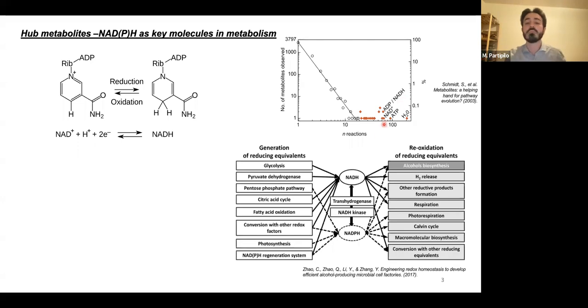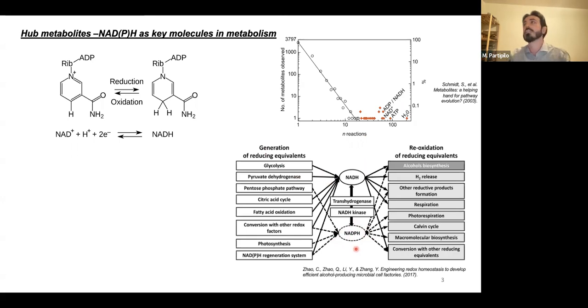And if we look at the fundamental processes we know for living systems to be alive, we can notice how reducing equivalents are generated in the form of NADH. For instance, when you break down a molecule of sugar, or when there is fatty acid oxidation, we obtain reducing power in the form of NADPH.